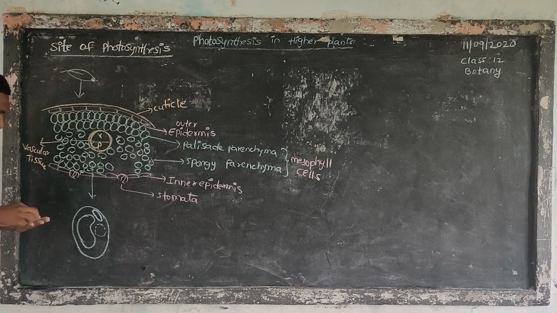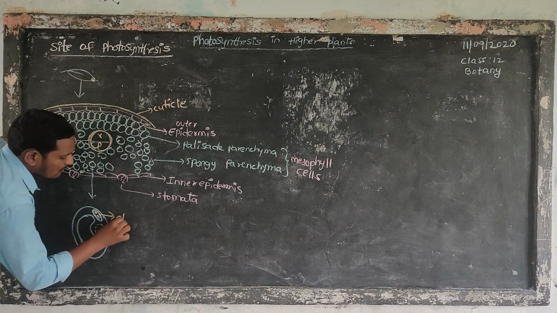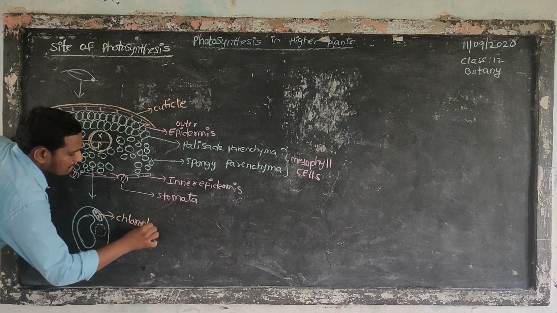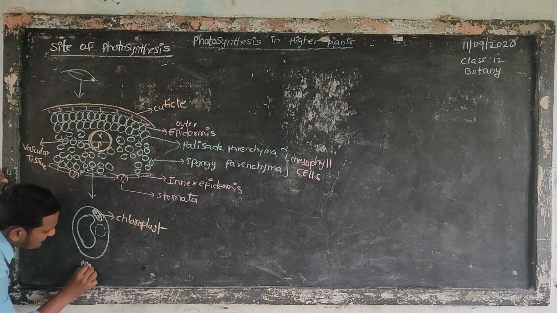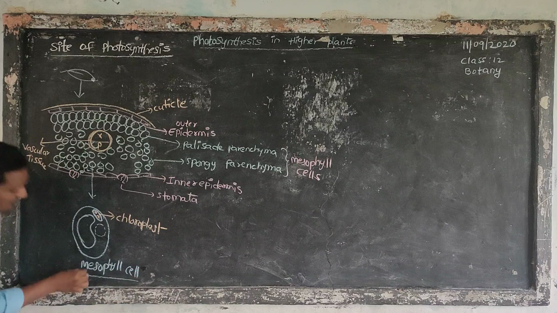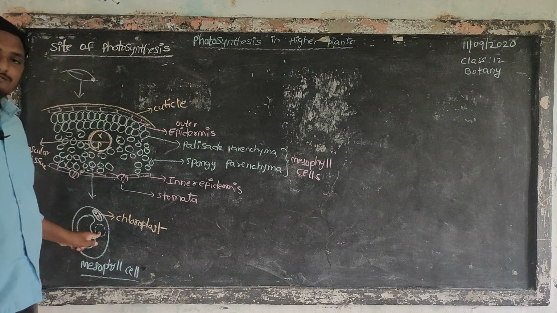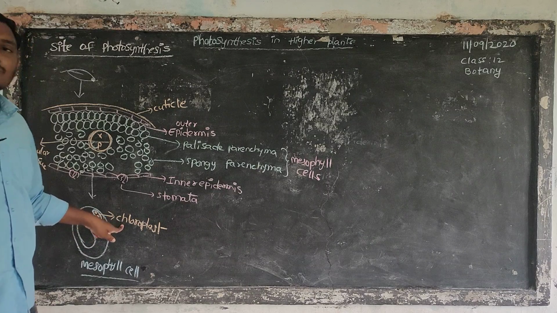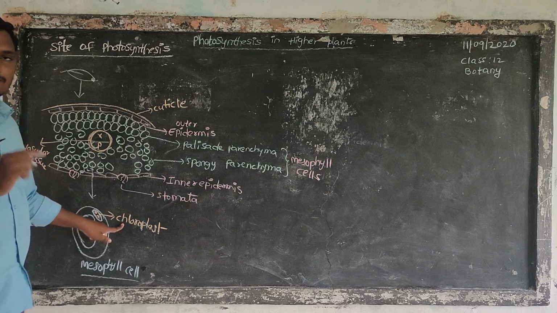That organelle is the chloroplast, which contains chlorophyll. So this is called a mesophyll cell. In the mesophyll cell, a large vacuole is present, and this is the nucleus. This is the chloroplast. This chloroplast contains chlorophyll inside.